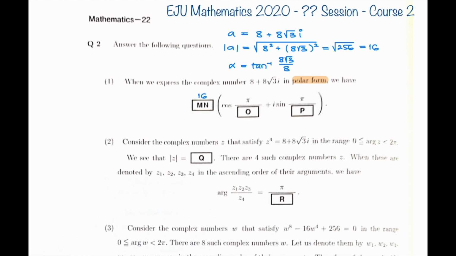If you cancel out 8 here, you will obtain alpha, which is the argument of A, equals tan inverse of square root of 3. Tan inverse square root of 3 is equal to 60 degrees. The argument is usually expressed in radians. So 60 degrees in radians is pi over 3. So the argument of A is pi over 3.